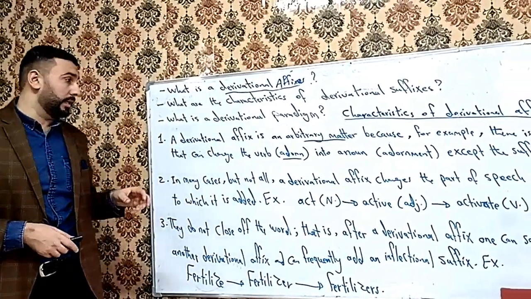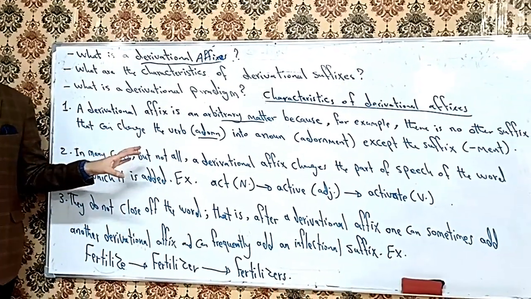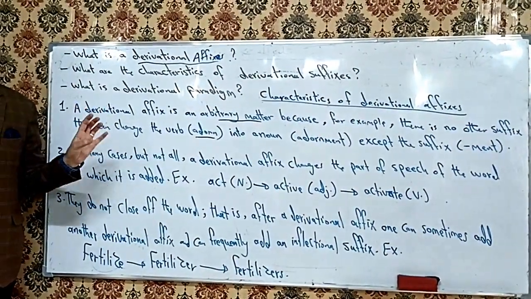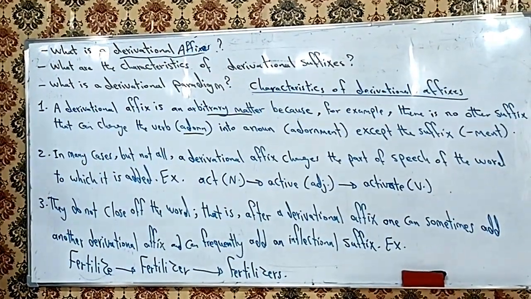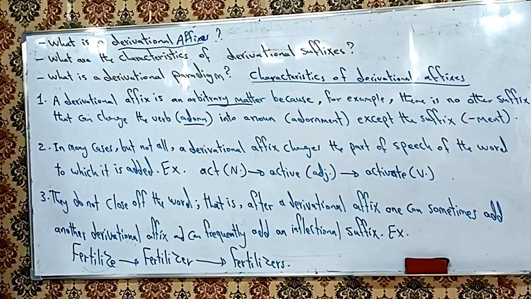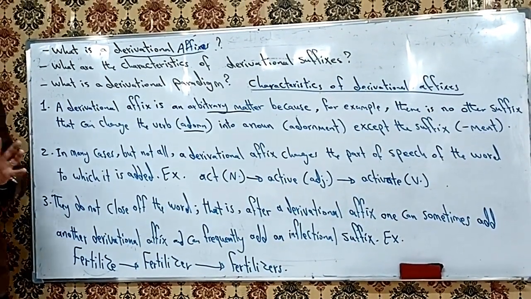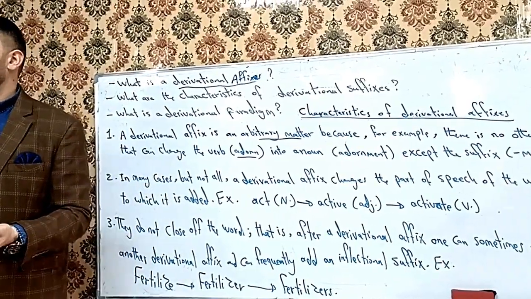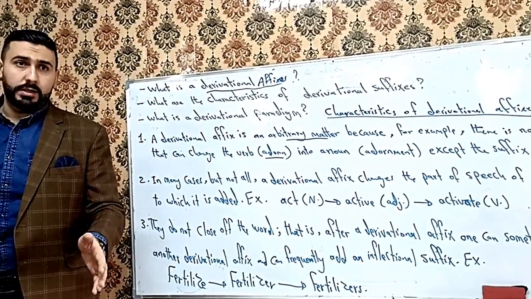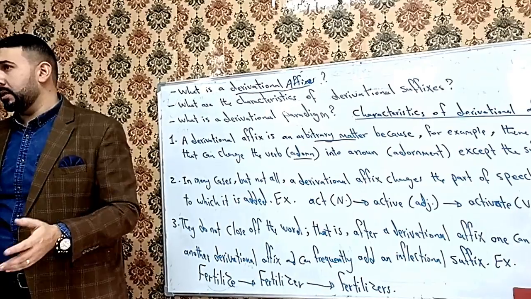Number 2, الخاصية الثانية اللي تخص الإضافات الاشتقاقية: in many cases, في كثير من الحالات, but not all, ما نعمم، ماكو تعميم باللغة. ليش؟ Because for every rule there are certain irregularities, أكو استثناءات, exceptions you can say.